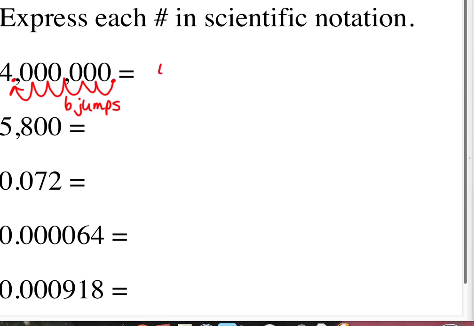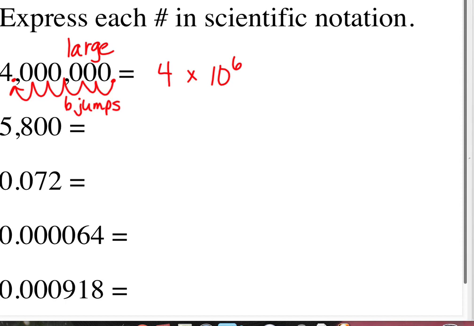So now my number is 4, or you could say 4.0 times 10 to the 6th power. Why to the 6th power? Because it was 6 jumps to get there. Why? How did I know to make it a positive 6 and not a negative 6? Well, look back at your original number. That was a very large value number. Right, 4 million, that's a large value. And large value numbers have positive exponents on the 10.